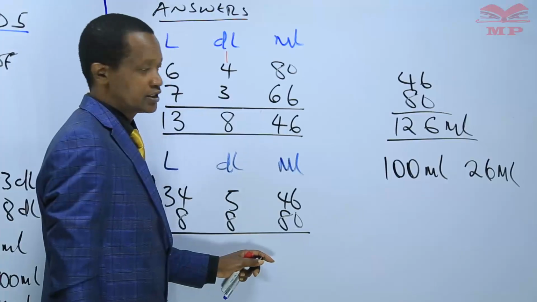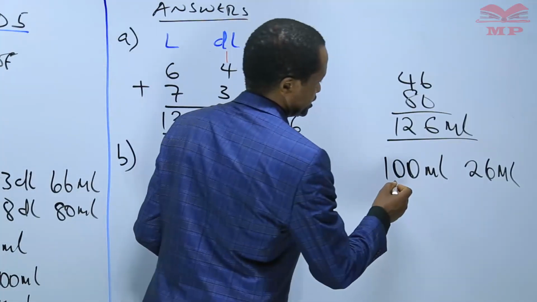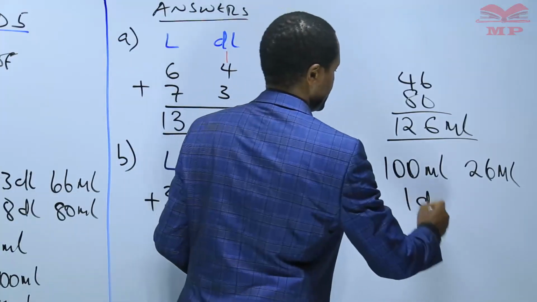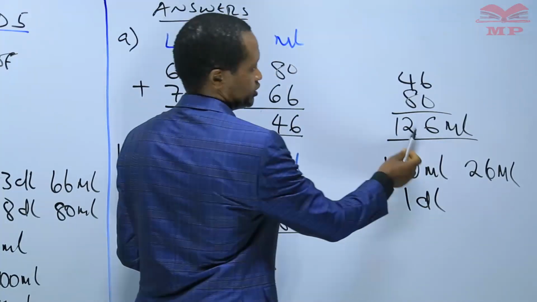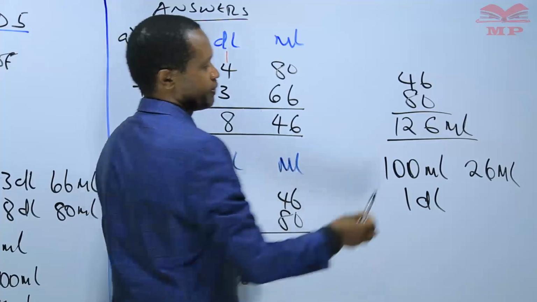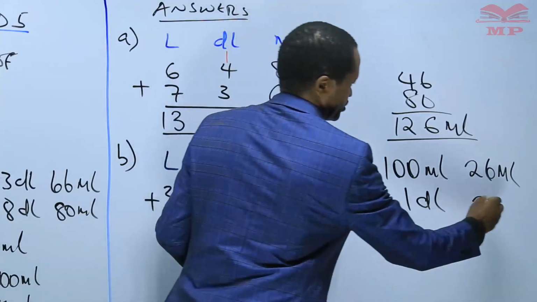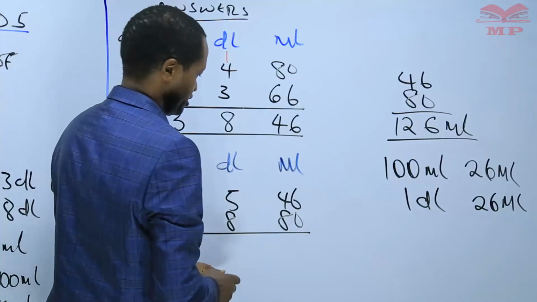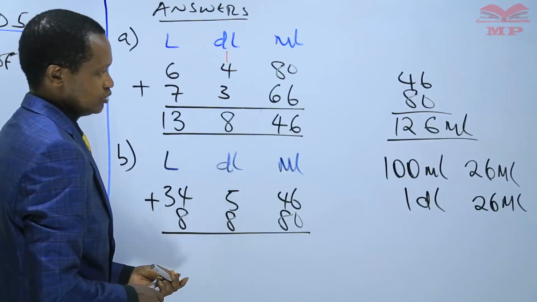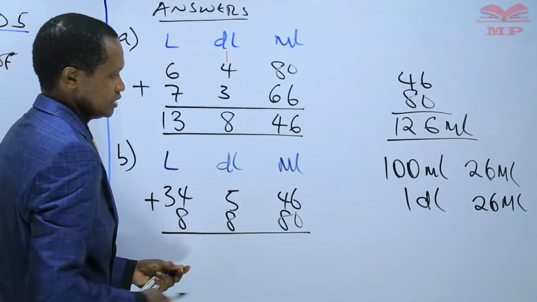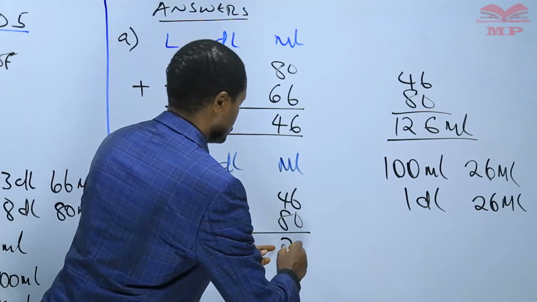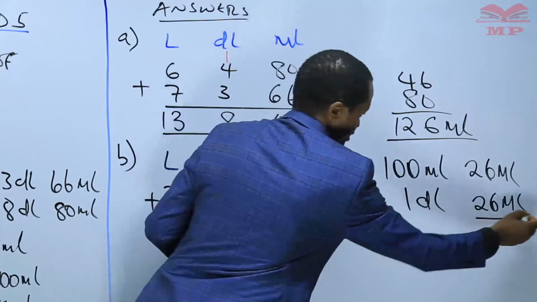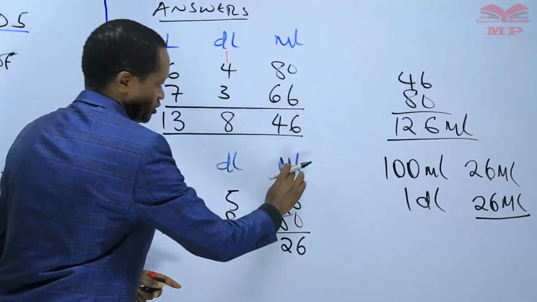Just like in the last example, we saw that 100 milliliters is equal to 1 deciliter. So 126 milliliters can be written as 1 deciliter and 26 milliliters. So we come here and write this 26 milliliters under the column for milliliters.